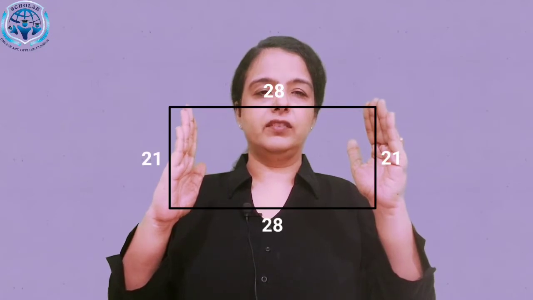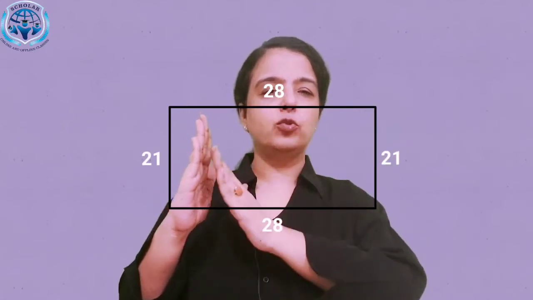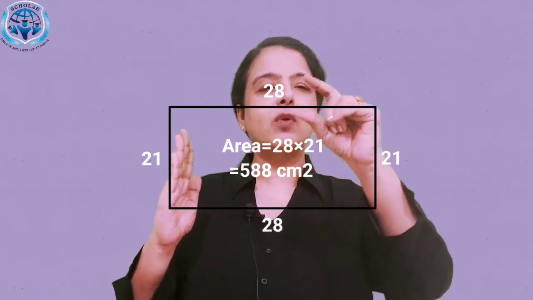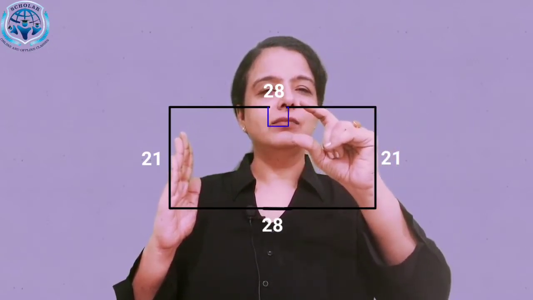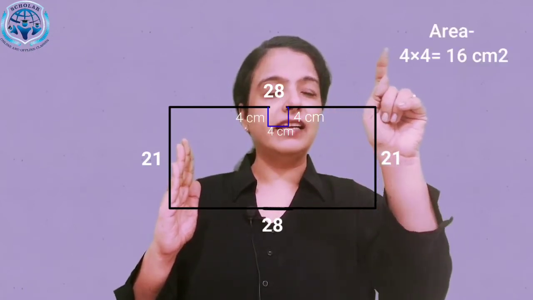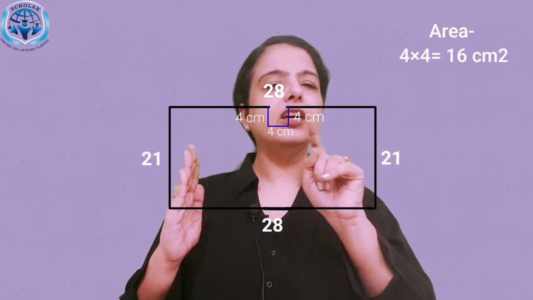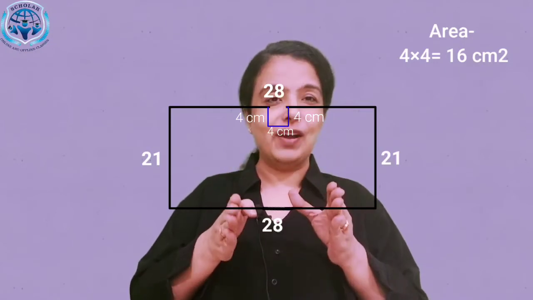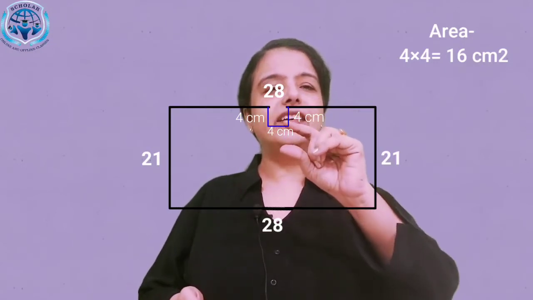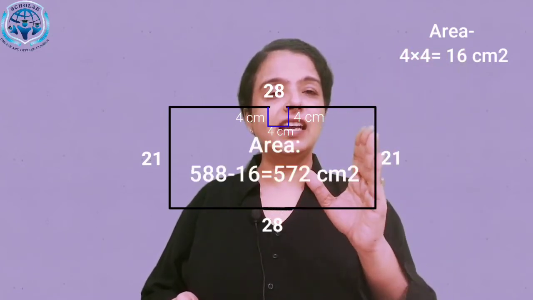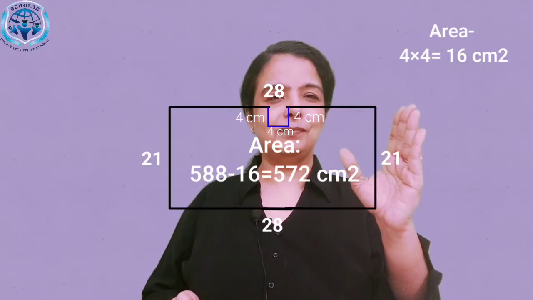The length earlier was 28, the breadth was 21. The area was 28 into 21, equal to 588 centimeter square. Now one square is removed. One side was 4, so the area will be 4 into 4, because the area of a square is side square. So the area of the square is 16 centimeter square. This area is removed from the rectangle, so the remaining area will be 588 minus 16.